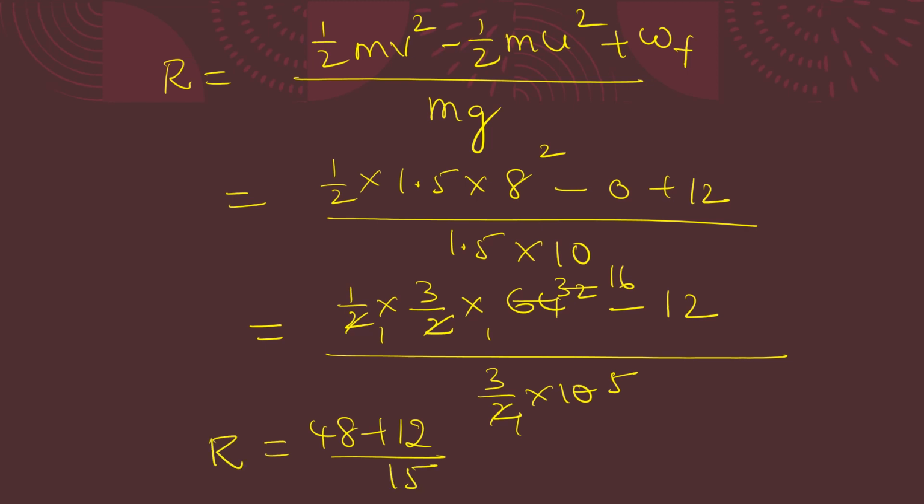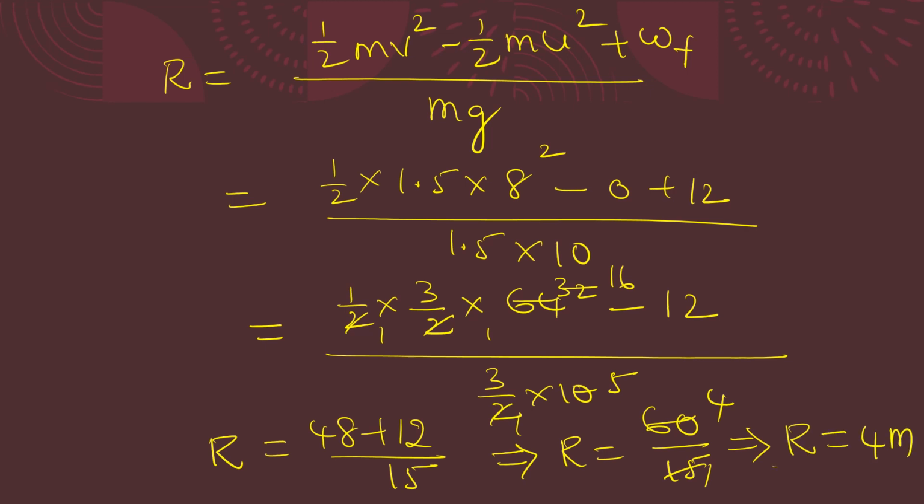So the radius of the circle R is equal to 48 plus 12, 60, 60 by 15, 15 fours are 60. Therefore we are getting the radius of the circle as 4 meters. This is the final answer. So R is equal to 4 meters. Okay. Thanks for watching this video.